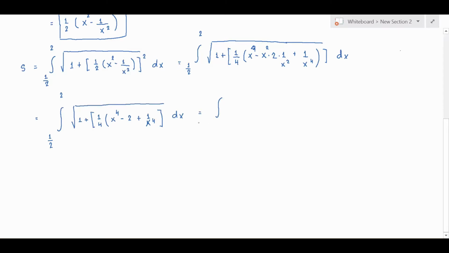Next step I would like to do is distribute the 1/4 inside. So integral from 1/2 to 2 of the square root of 1 plus, now I'm going to distribute the 1/4 inside the parentheses. So I have 1/4 x to the 4th power minus 2 over 4, which is 1/2, and then plus 1 over 4x to the 4th, dx.